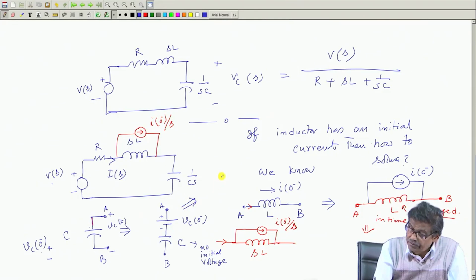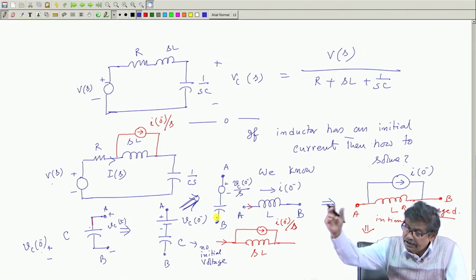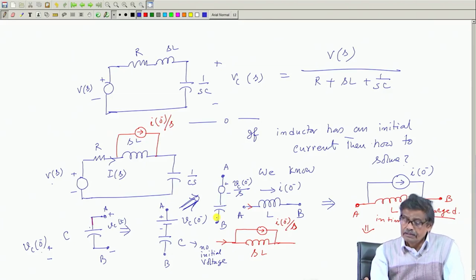It will look like, from this to this I am drawing A, I will say there is a voltage source, plus minus, whose Laplace transform is Vc 0 minus by S, and this uncharged capacitor, that is the point B. So, voltage across the capacitor at any instant you try to find out, you calculate VAB(s), that is okay.